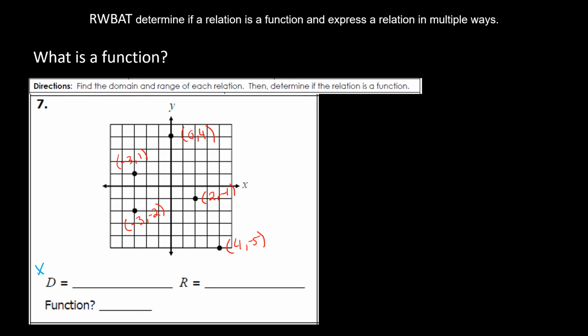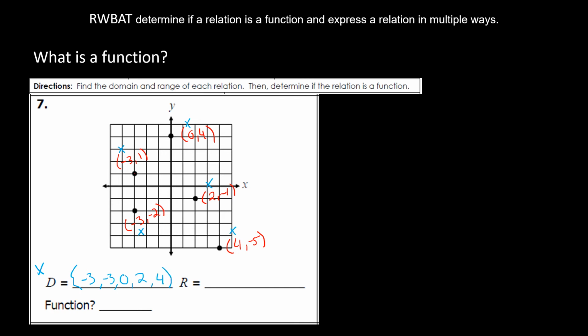We want to identify all of our x's. Here's an x, so we'll say -3. Here's another x, -3. We have another x over here at 0. We have another x here at 2. And our last x value here at 4.